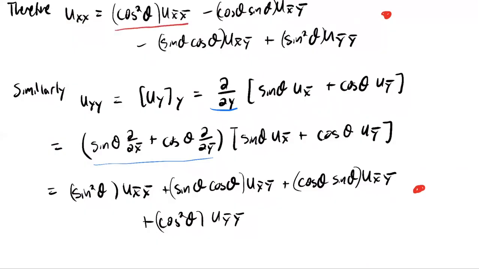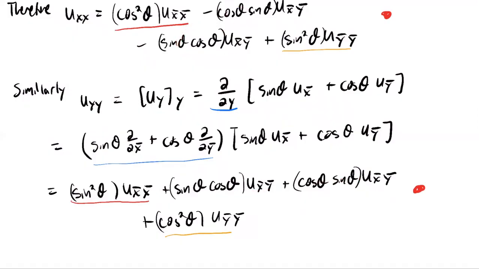In front of u_x bar x bar, I have cosine squared plus sine squared, and in front of u_y bar y bar, I have sine squared plus cosine squared. Actually, let me use different colors to not confuse. Remember, cosine squared plus sine squared is equal to 1, so those terms will simplify a little bit. But for the remaining terms, I have the same things with opposite signs.